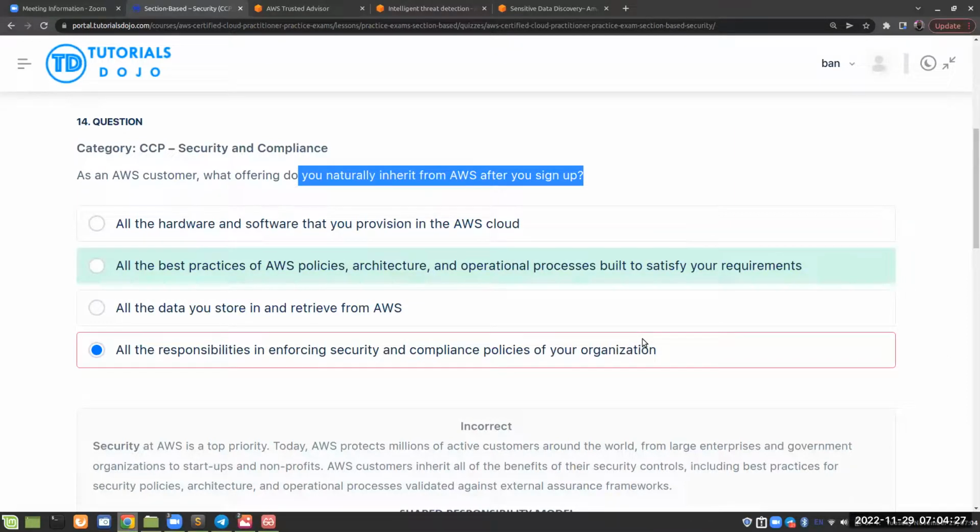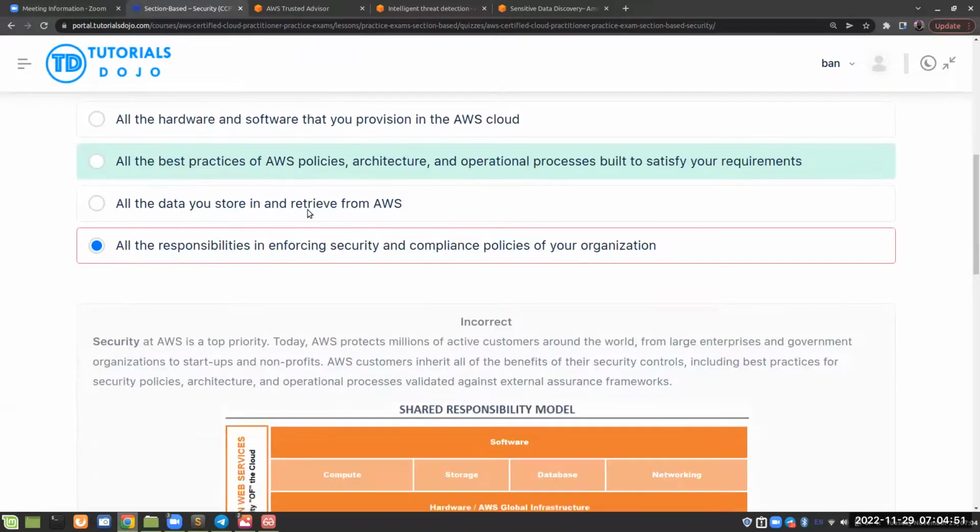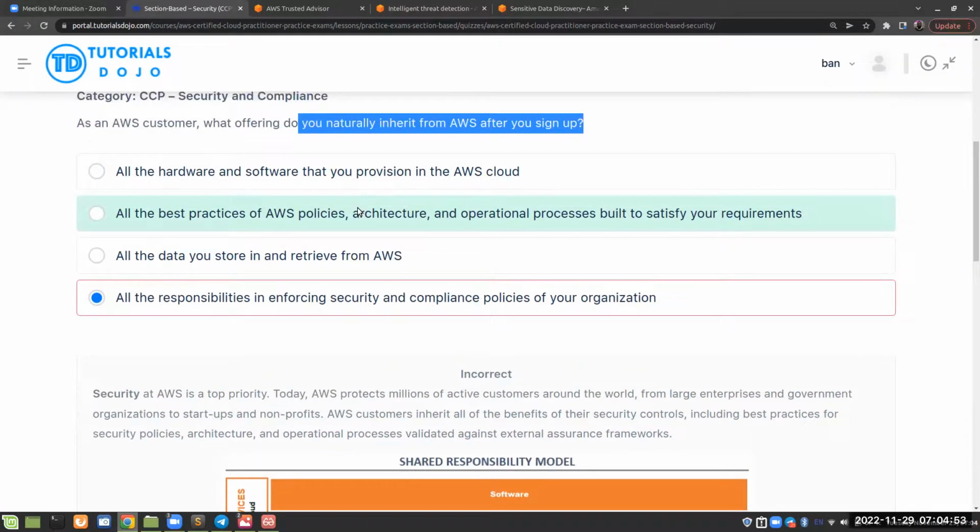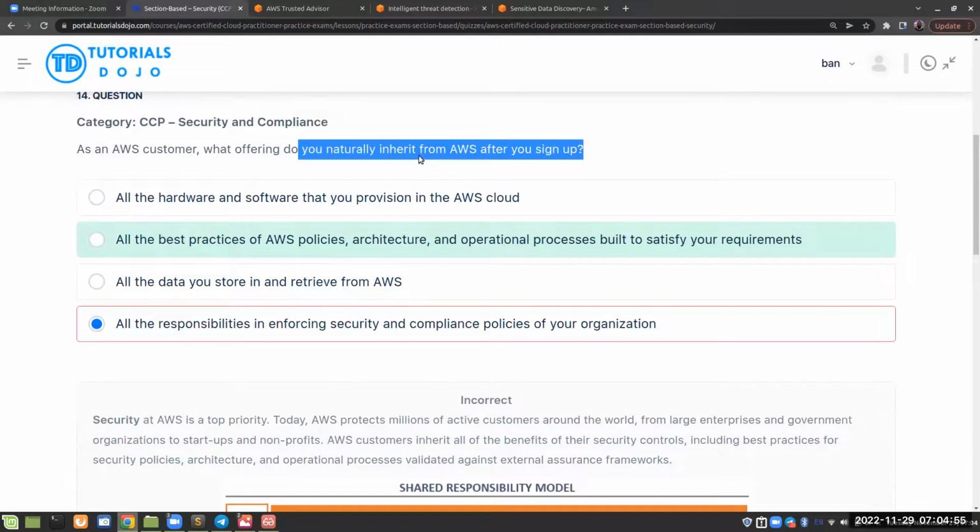So when you sign up, you still have the responsibility of enforcing your organization's security. It's not automatically inherited because you have just signed up, and every organization will be different. Next: all the data you store in and retrieve from AWS. What do you naturally inherit?